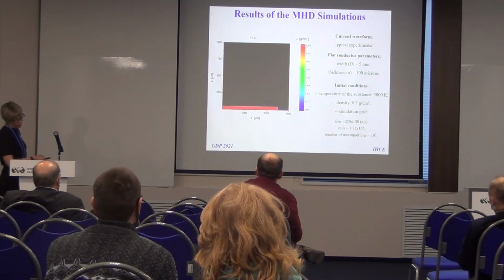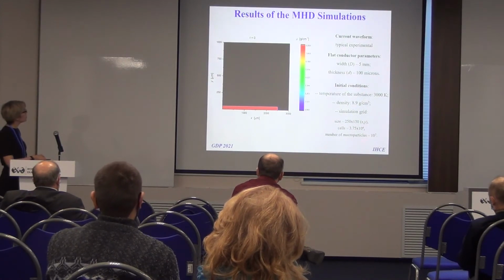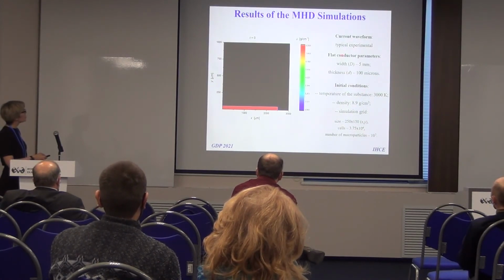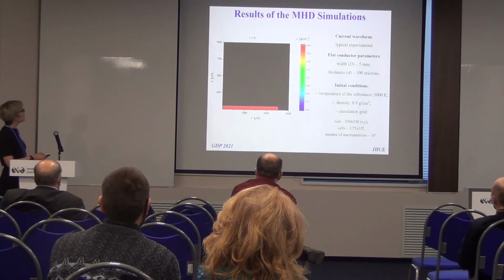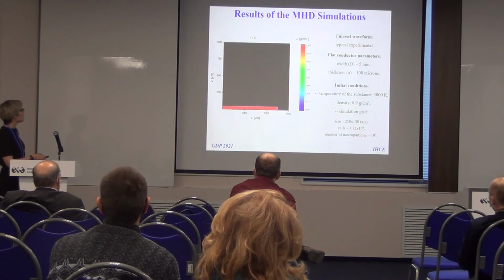The explosion of the flat conductor was simulated using this condition. And we use a real experimental current waveform and the flat conductor parameters you can see here. And this is the initial distribution of density.